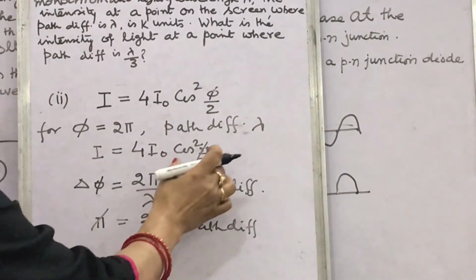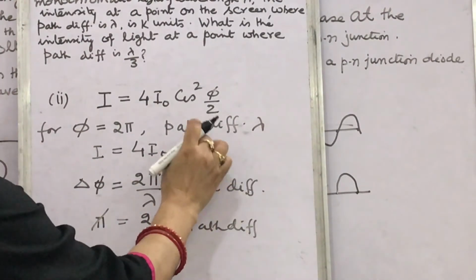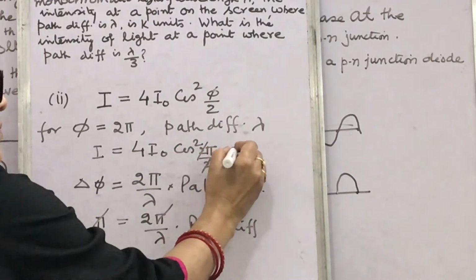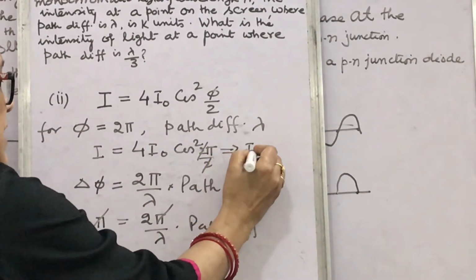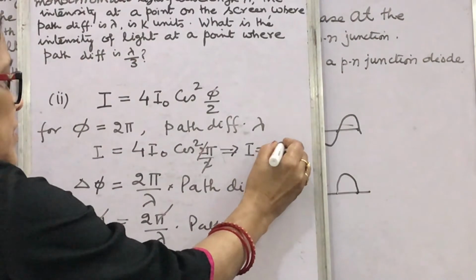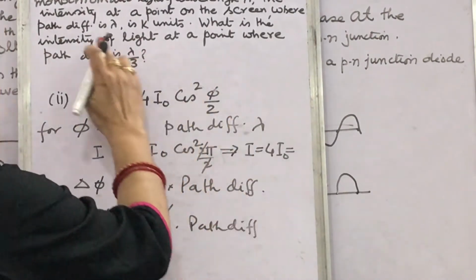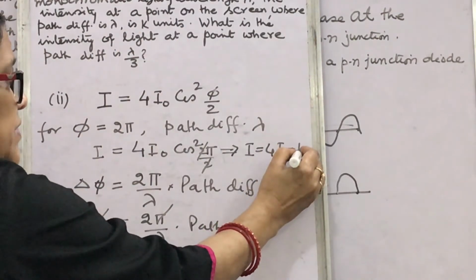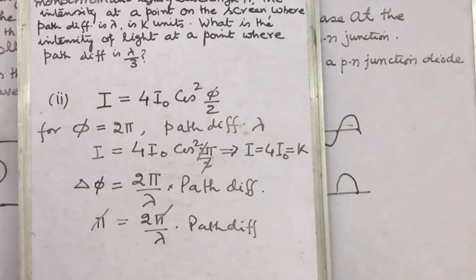Pi. And you know cos pi is minus 1, squared is plus 1. So this implies that I is equal to 4I naught, and it is given equal to k units. This is expression number 1.